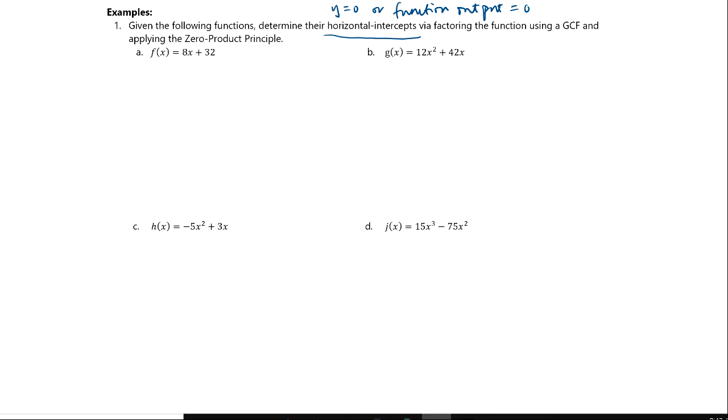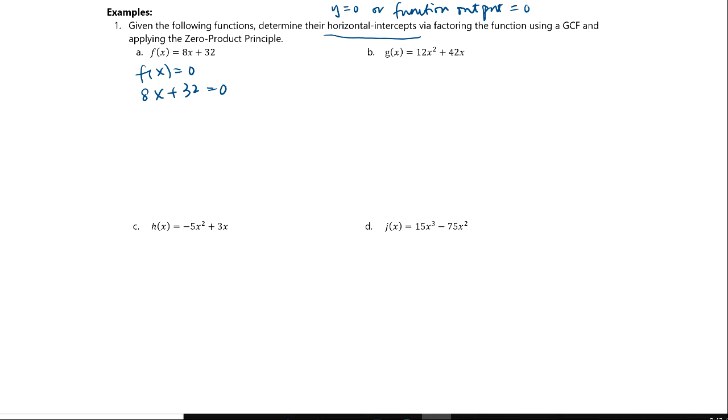So for part A, we have a linear function f of x, and if we want to find the horizontal intercept, essentially the x-intercept in this case, because our input is x, then in order to do this, what we want to do is just set f of x to be 0, and in other words, we're setting 8x plus 32 equal to 0. Through this process, we want to look at the greatest common factor between the two terms over here.